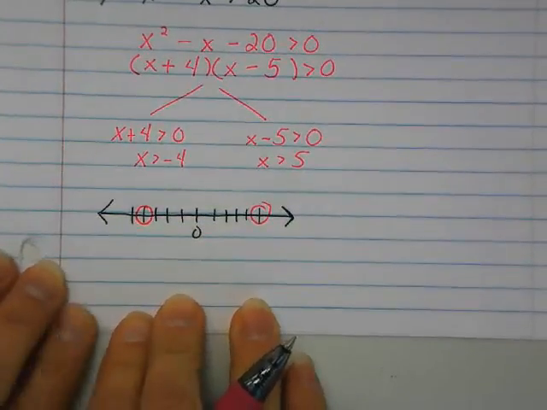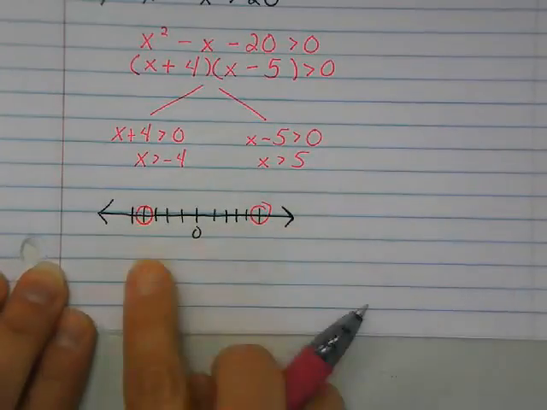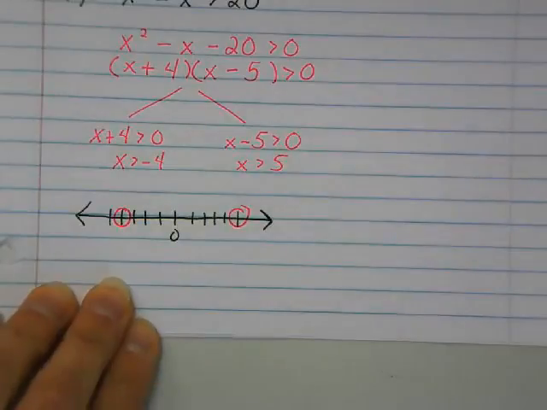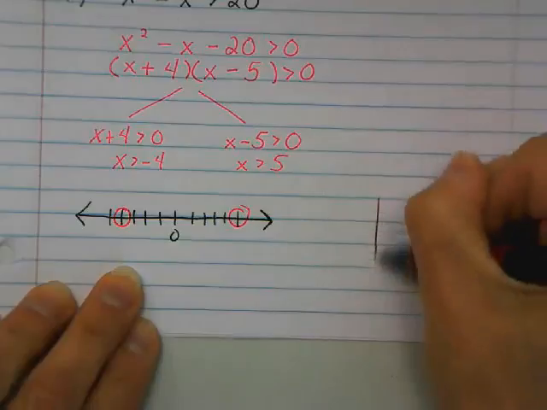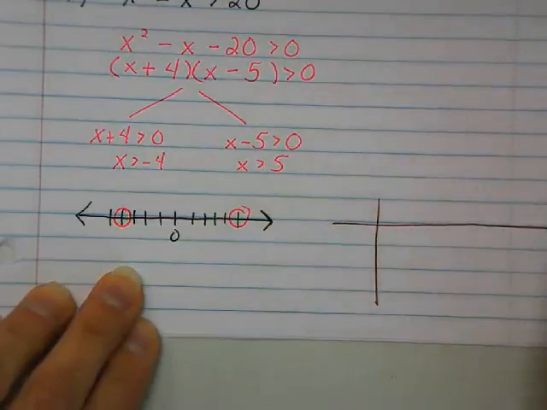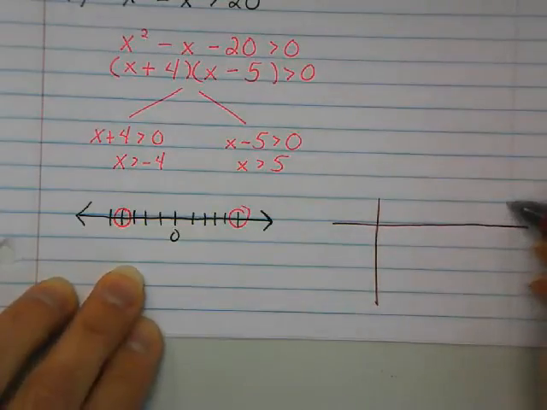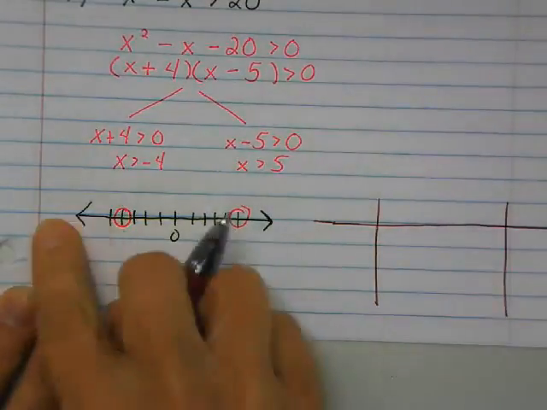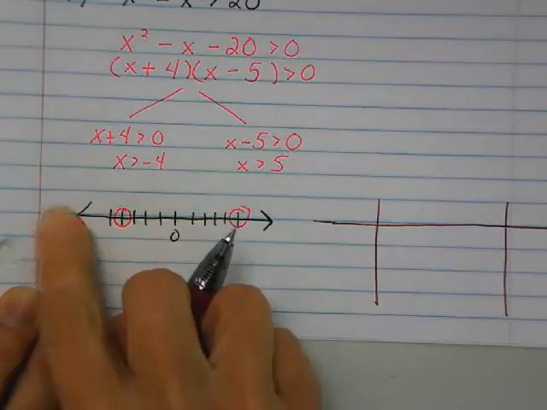Now, to figure out your shading, you're going to make yourself a chart. So over here to the side, you're going to make a chart. If I were in this range, if this is where I was going to shade, what numbers are in this range?